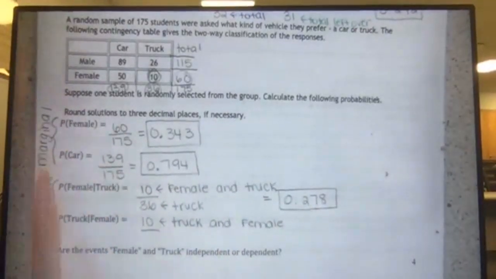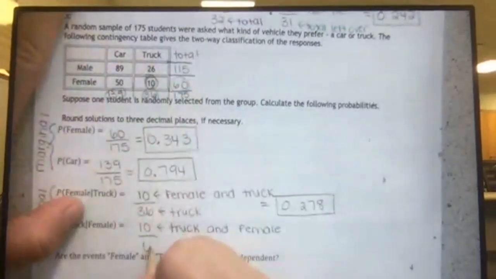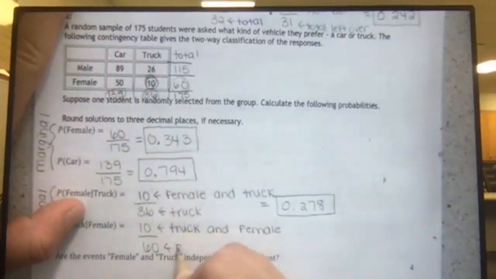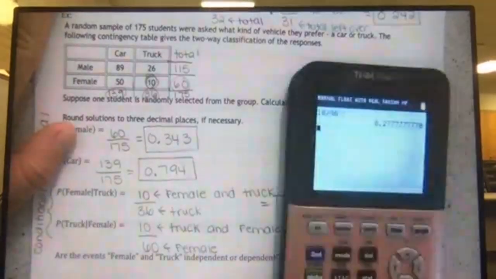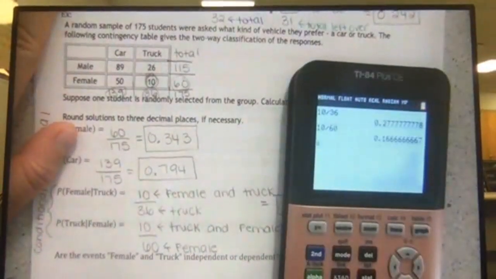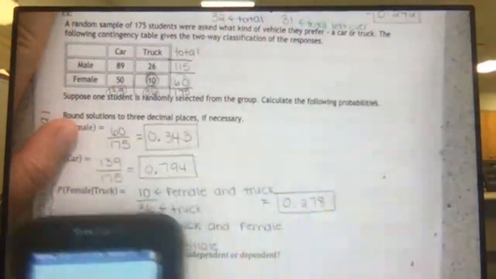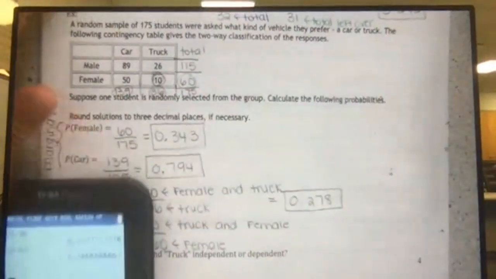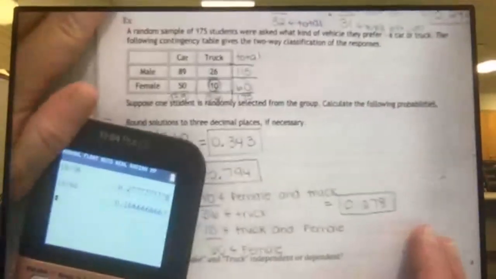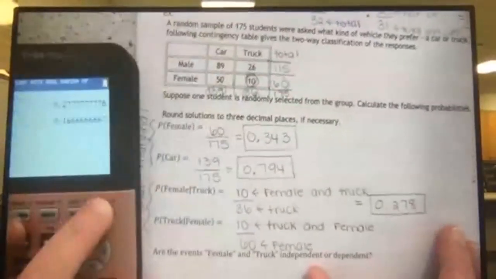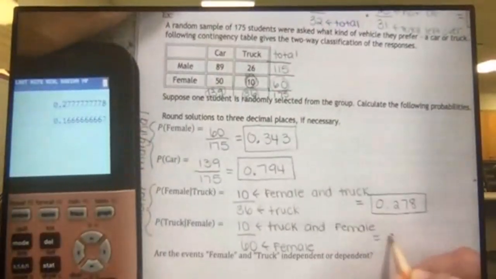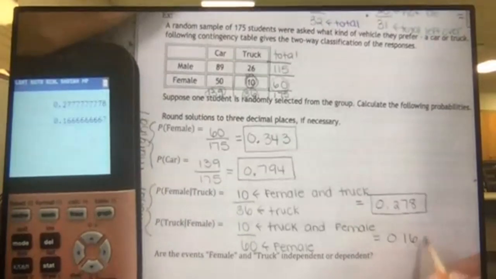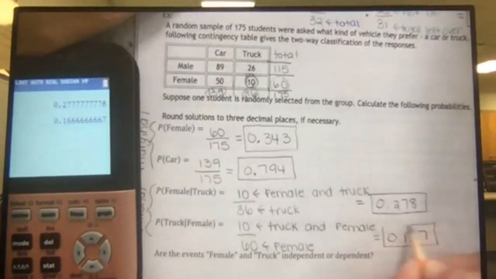How many females did we have total? 60. So then we have 10 out of 60, which would give us 0.1666, so 0.167.